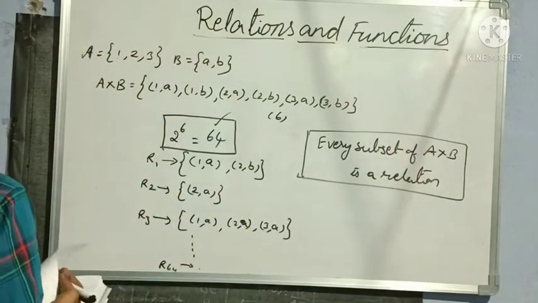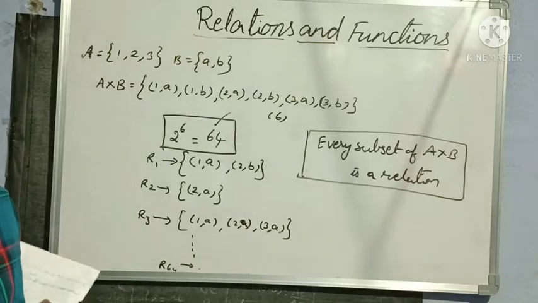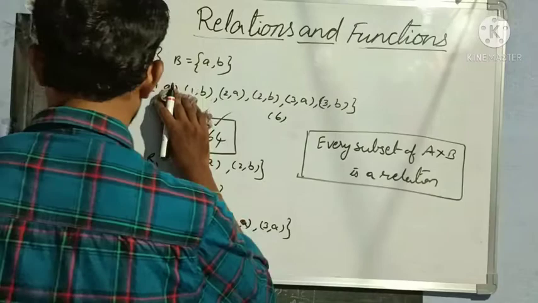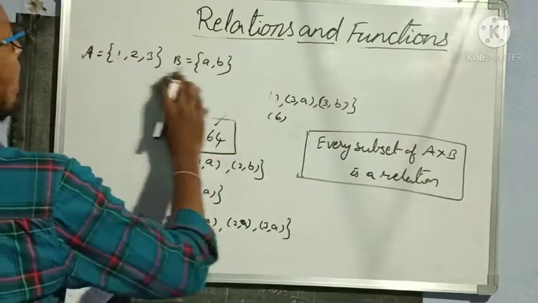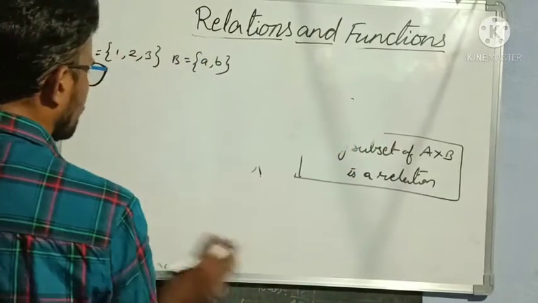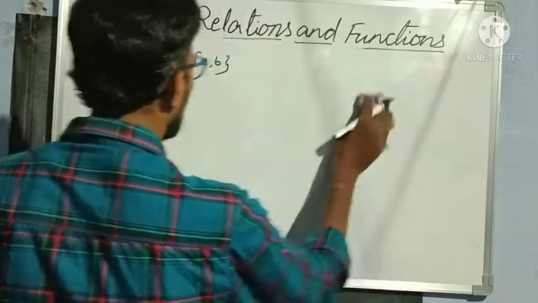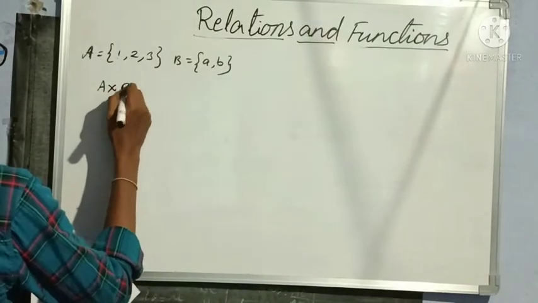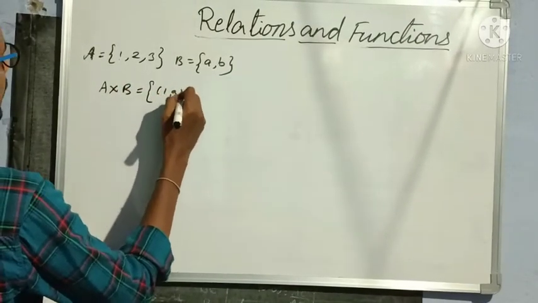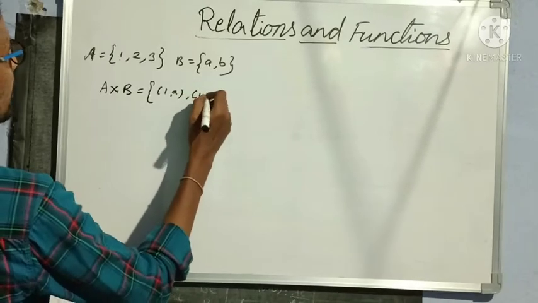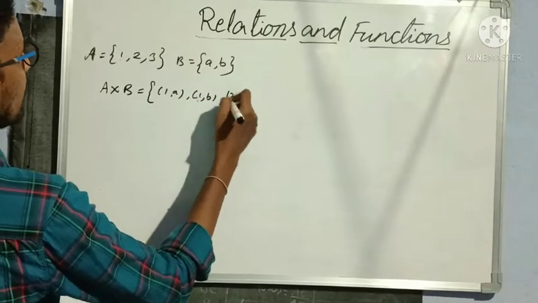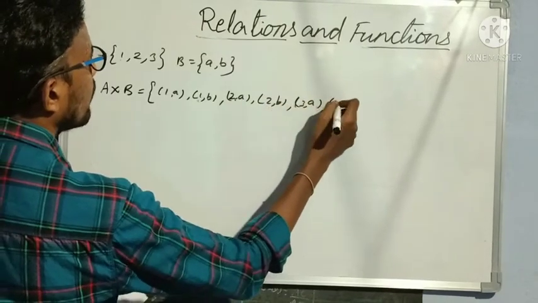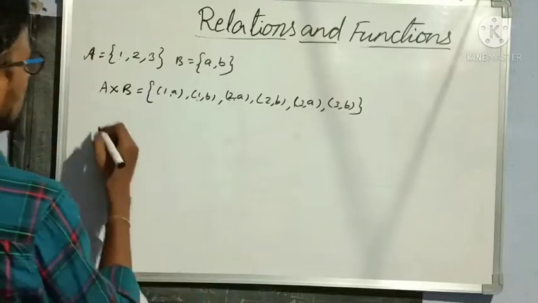Okay, this is about A cross B and the number of elements of A cross B. Now let us see a very important point. Is A cross B equal to B cross A or not? Let us see. A cross B is 1 comma A, 1 comma B, 2 comma A, 2 comma B, 3 comma A, 3 comma B. So what are the elements of B cross A?